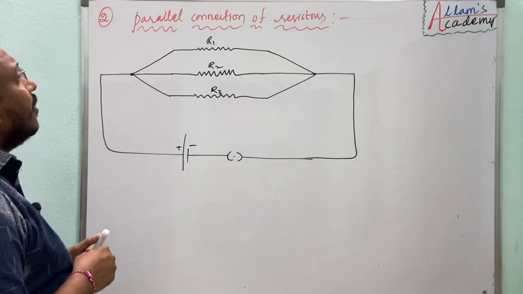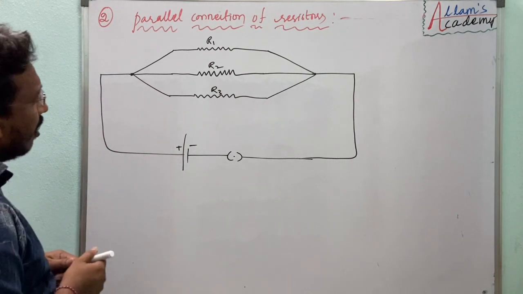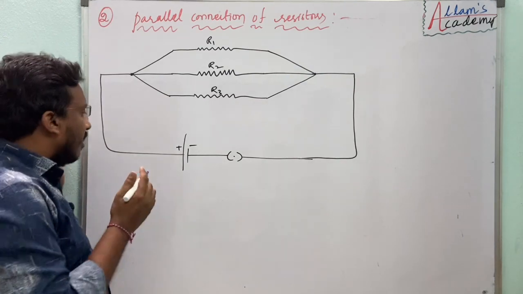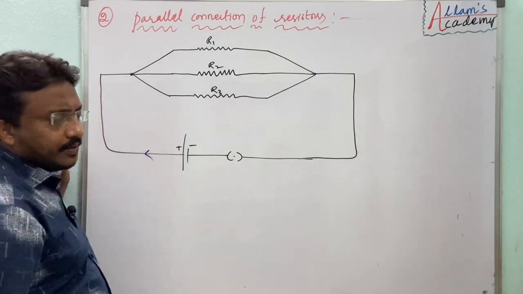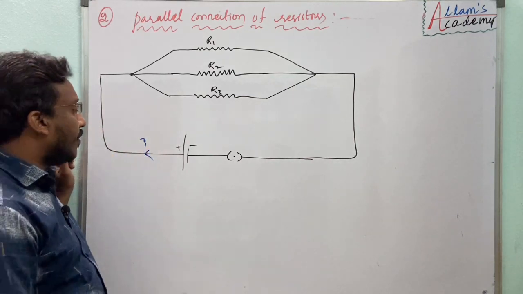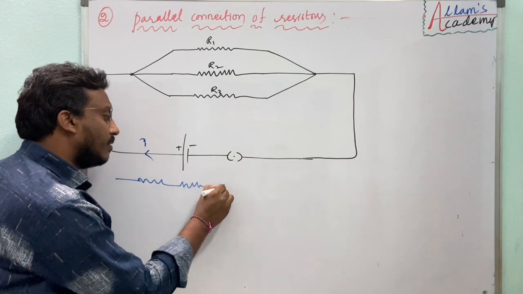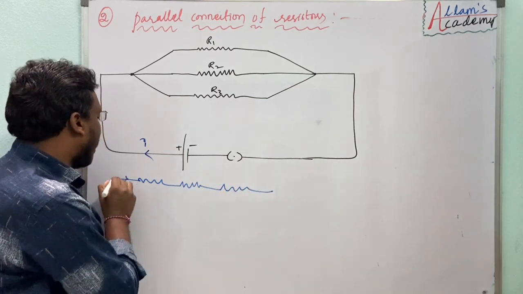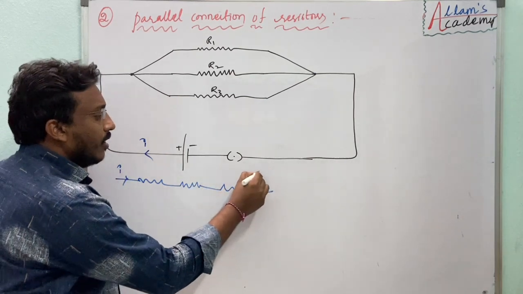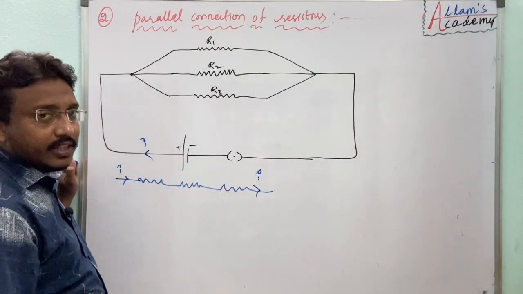Okay, right. Here, what about the current from the cell? Here, current I. In the previous series connection, all are connected to one path, so I is equal in all the three resistors.